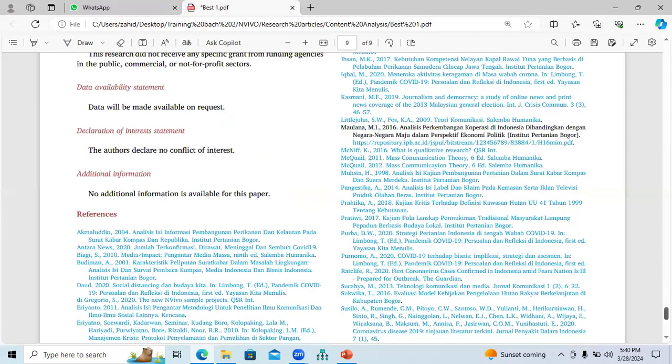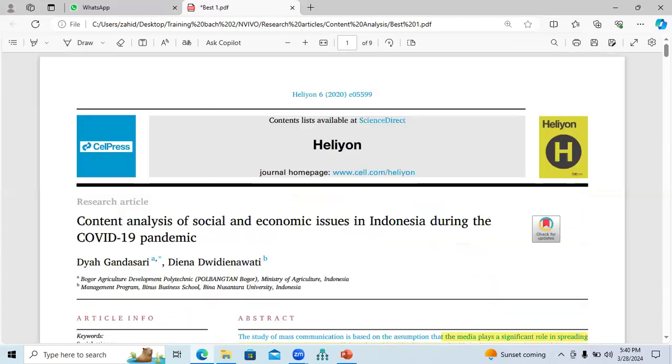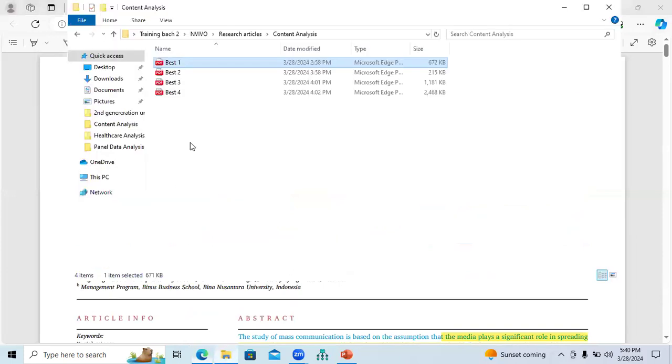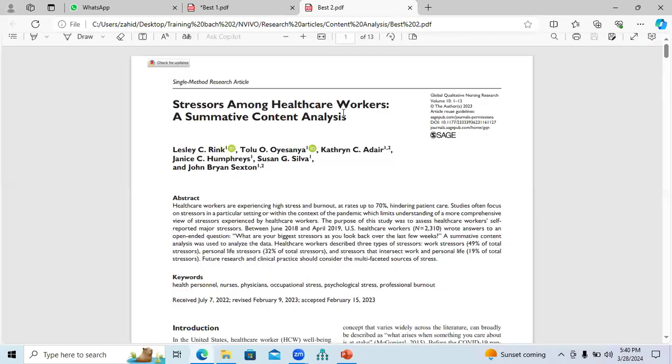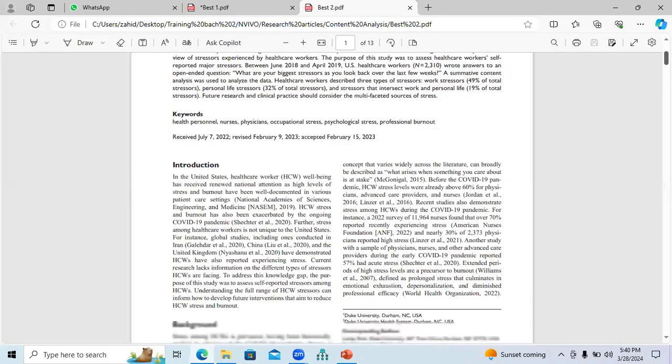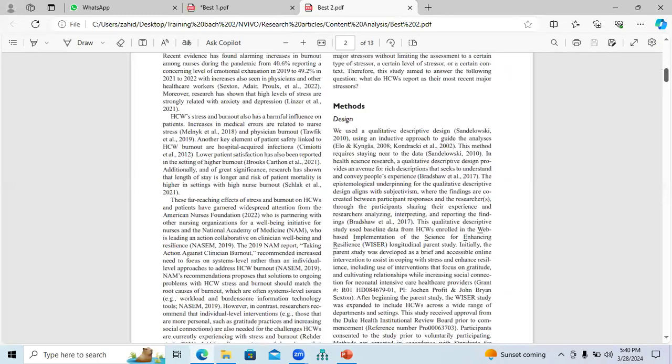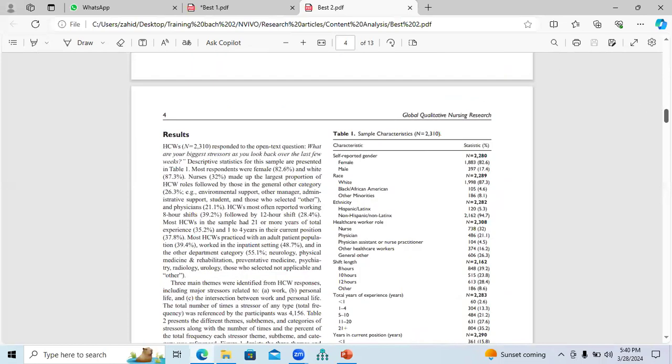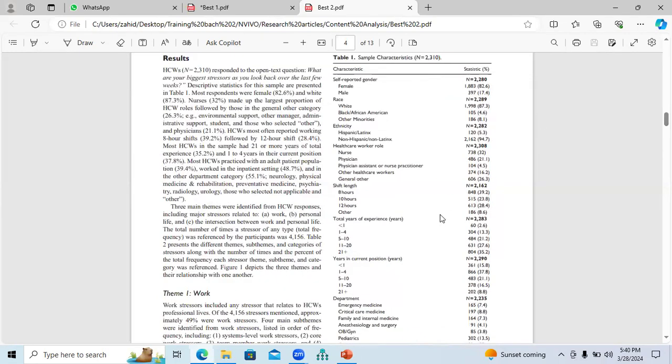So you can apply the content analysis like this. So I will share this one with you. The second best paper is stressors among healthcare workers, a summative content analysis. They have also applied a similar method, qualitative research design, and what they have found out, there is a demographic summary.